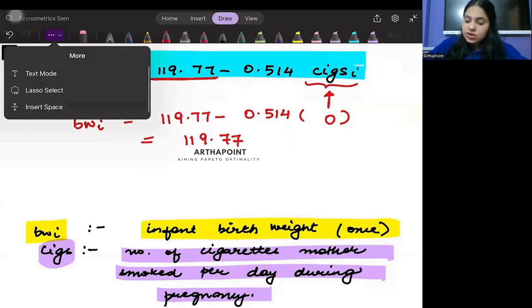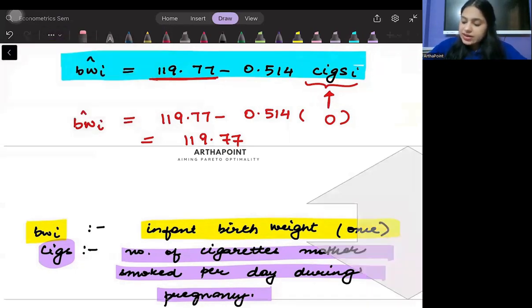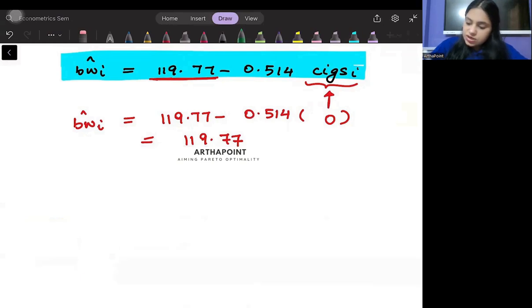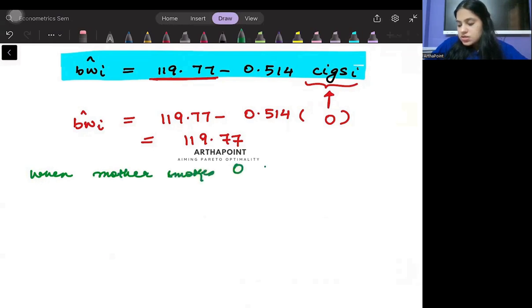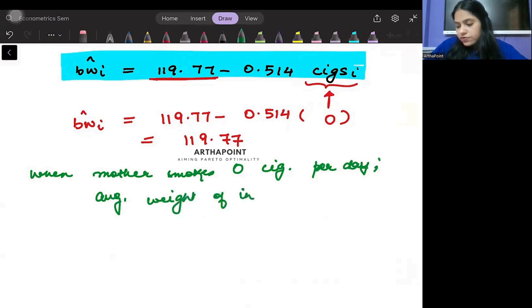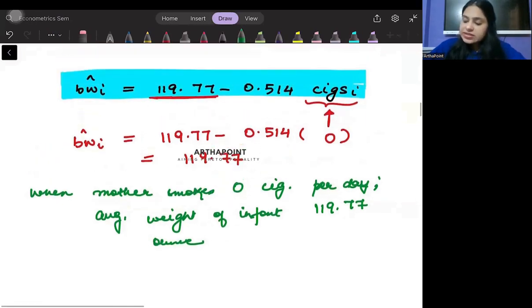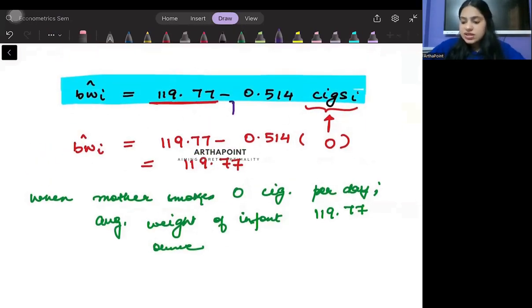So we can write like this: when the mother smokes 0 cigarettes per day, the average weight of the infant would be 119.77 ounces.